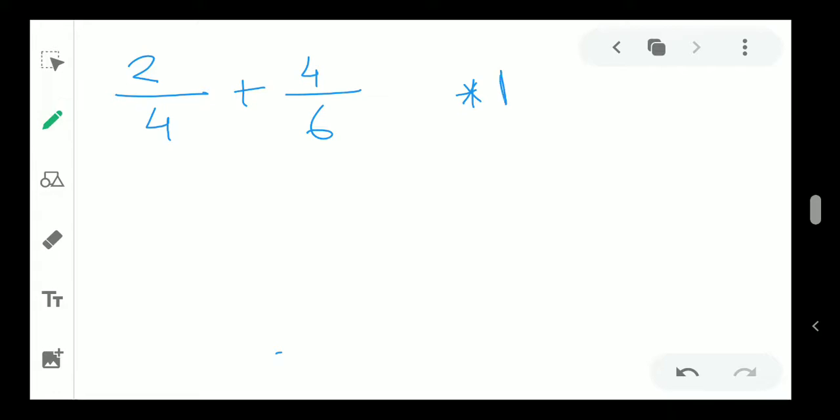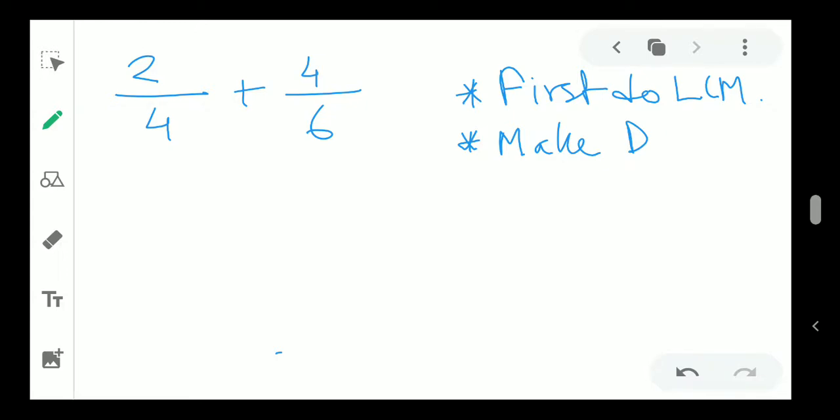So first do LCM, second make the denominator same, then add the numerators.